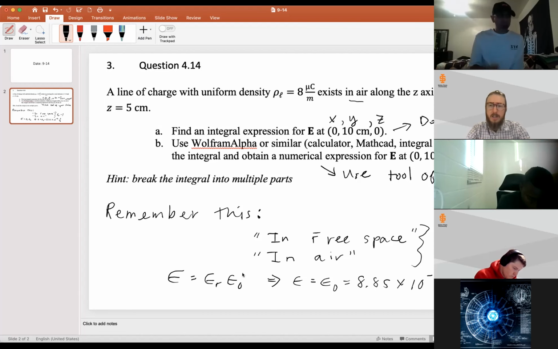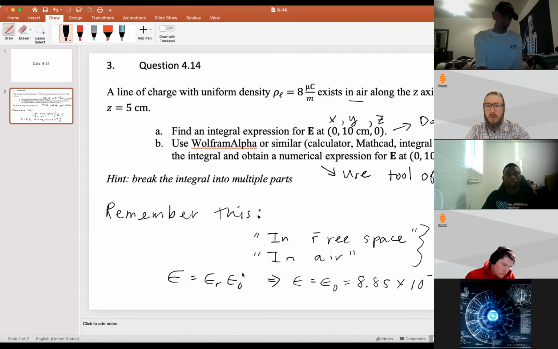So the distinction that I want you to see is that electromagnetics is a field where you end up with integrals sometimes that are just too complex to actually solve. In this case, if they're too complex to do by hand, you might be able to get something like Wolfram Alpha to solve it, which is the case this time.